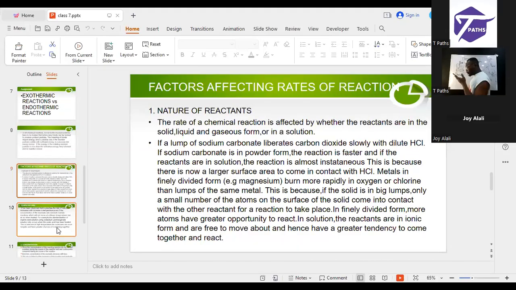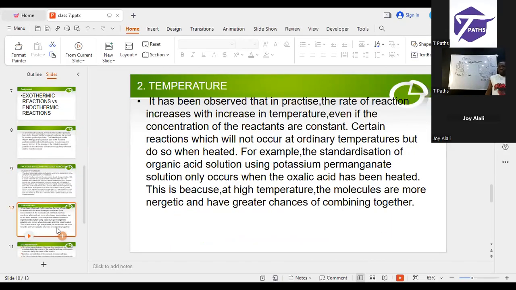Now, what happens with temperature? We consider a reaction medium. When we increase the temperature of a reaction medium, there is an increase in the collision of particles, and that increases the rate of reaction.